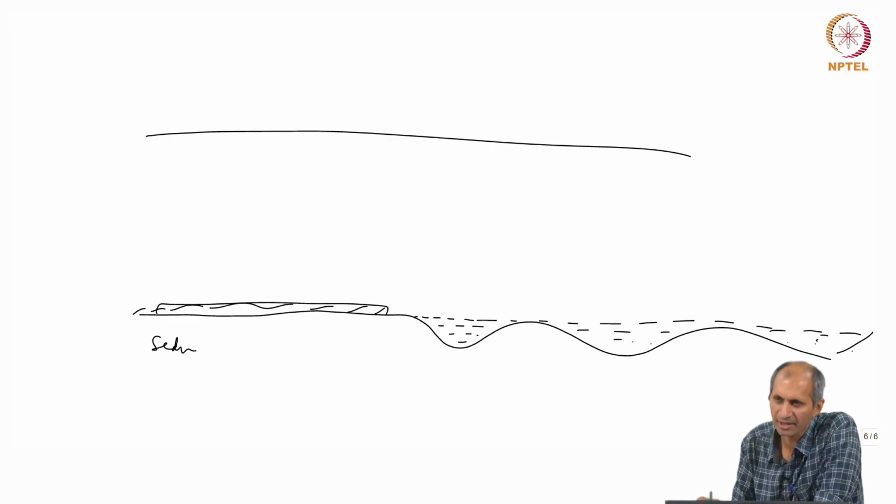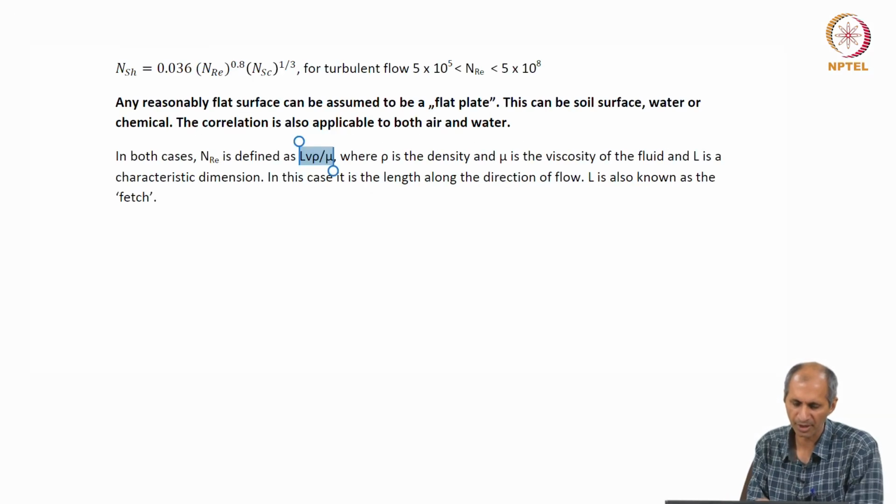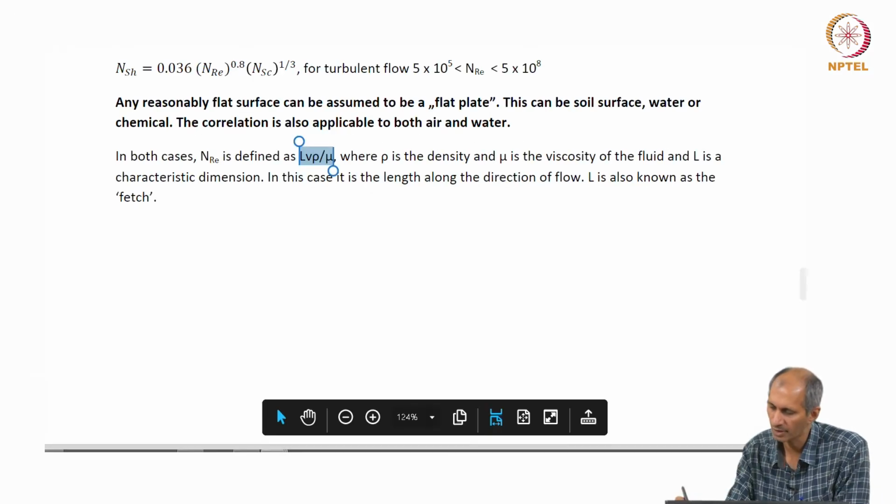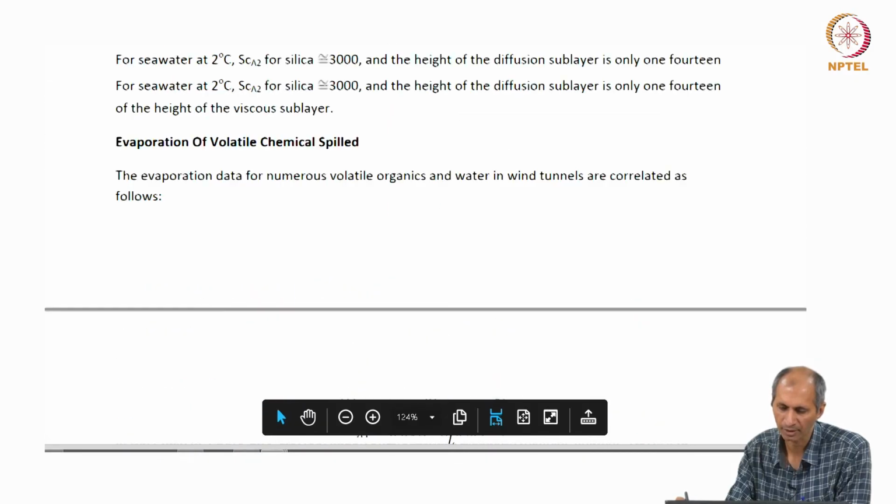So, this looks like a flat surface, but as dissolution occurs, and depending on the amount, the chemical can also occupy something like this. So, people have developed correlations for this. One of the correlations that you see here in terms of the water side is this one.